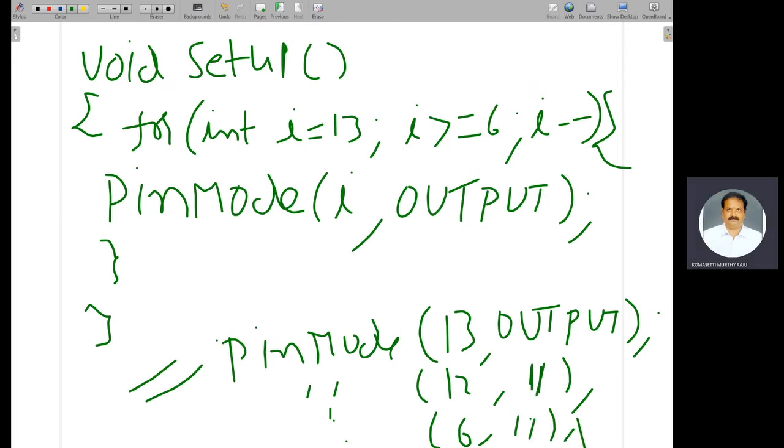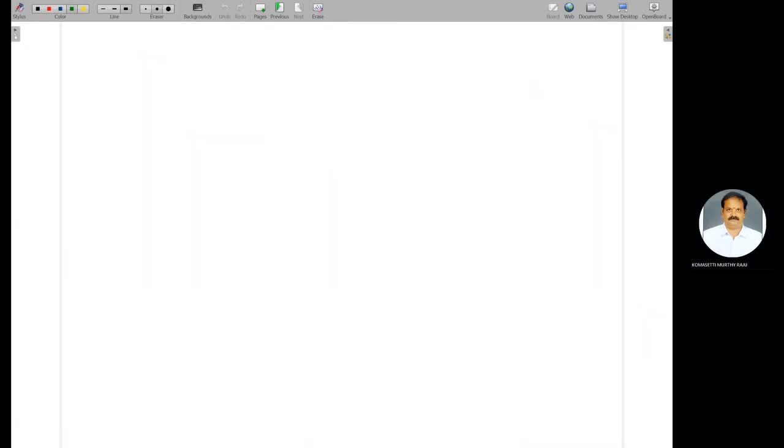These lines indicate output for the digital pins from 13 to 6. Coming to, if you want to display, the switch function is used here. Switch function. Next, void loop. This one is the void loop.